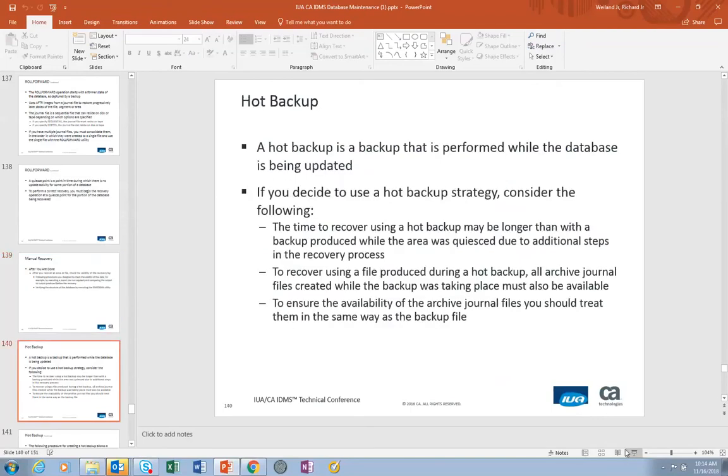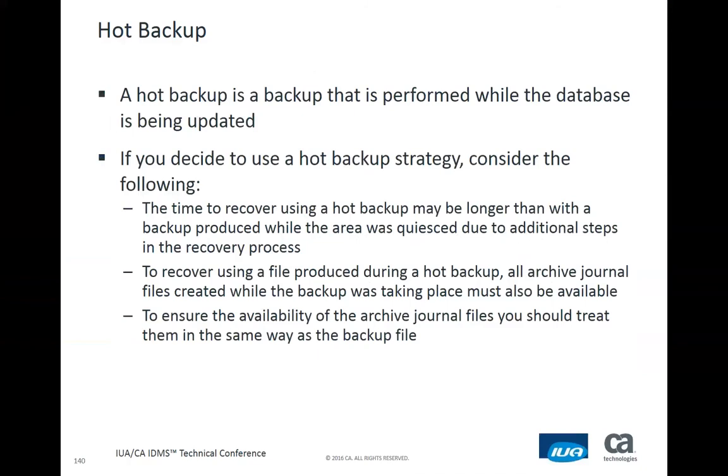So the next thing we want to move on to is hot backup. What we've been talking about so far is a standard backup procedure. At some point in time, you varied a set of areas offline, or you varied them to retrieval, and then you took a copy of the database. So that copy of the database had its integrity ensured.